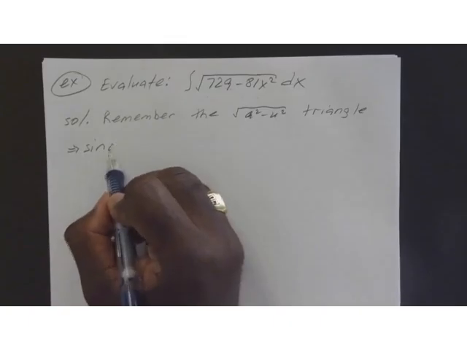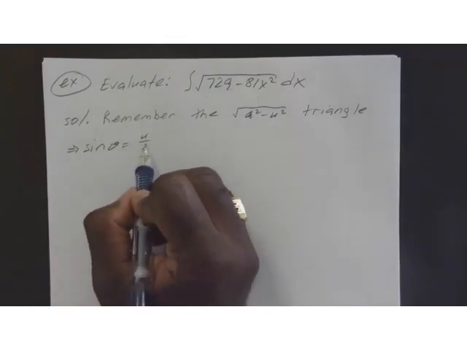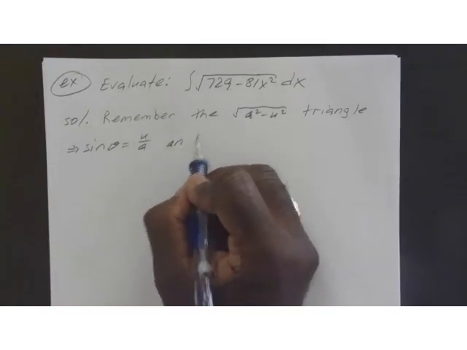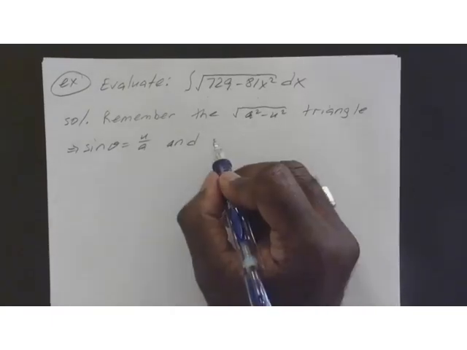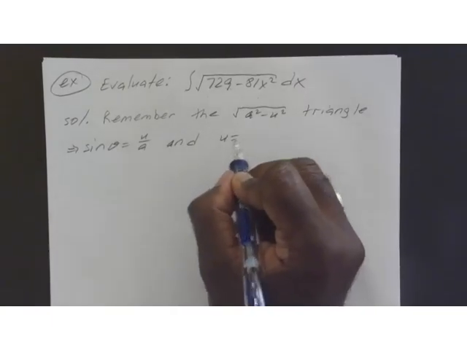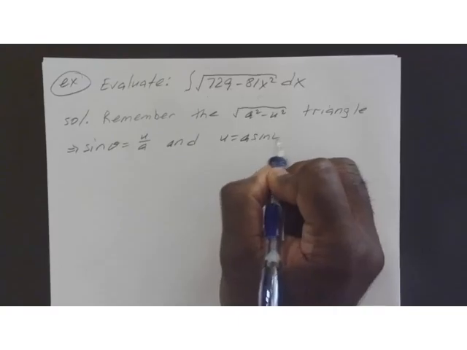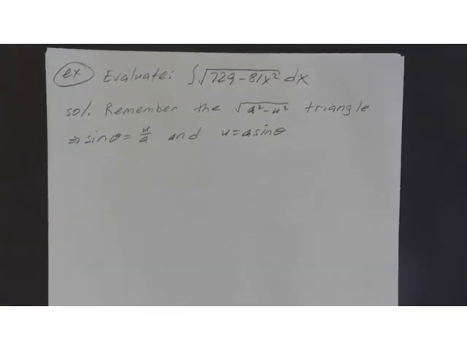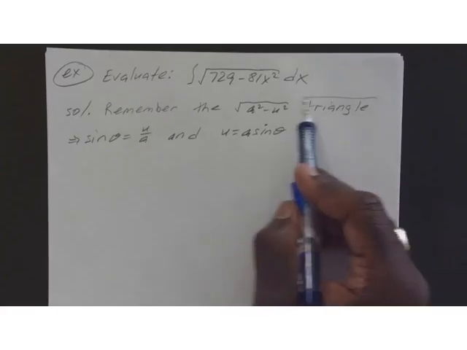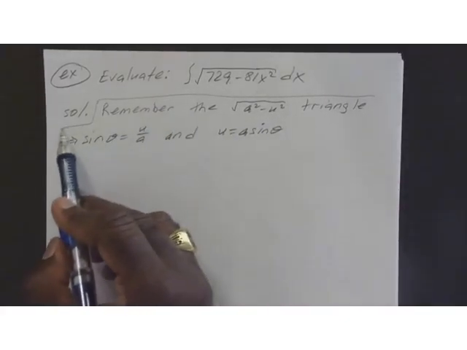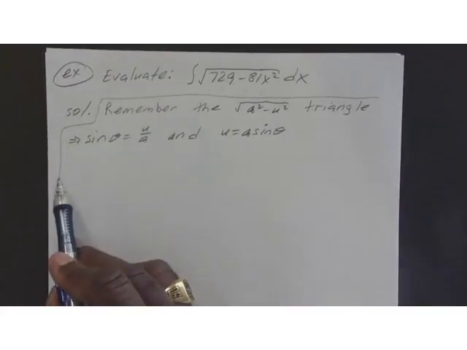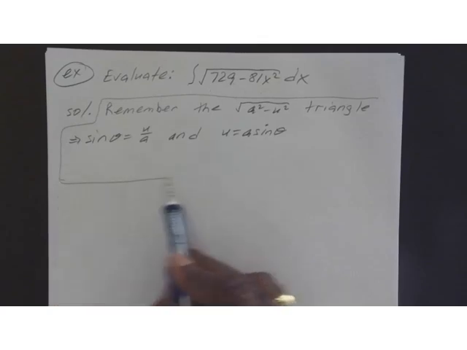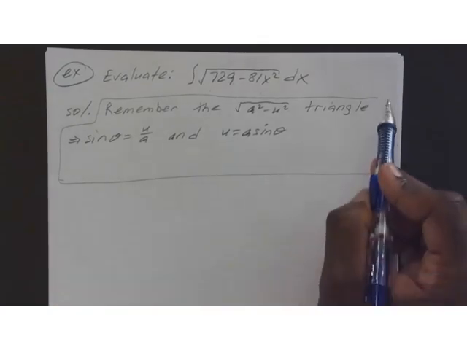That's where sine of theta is equal to u divided by a. And if we multiply both sides by a, u is equal to a times sine of theta. These are just notes, so it's not involved in actually solving, it's just what you'll need to solve it.